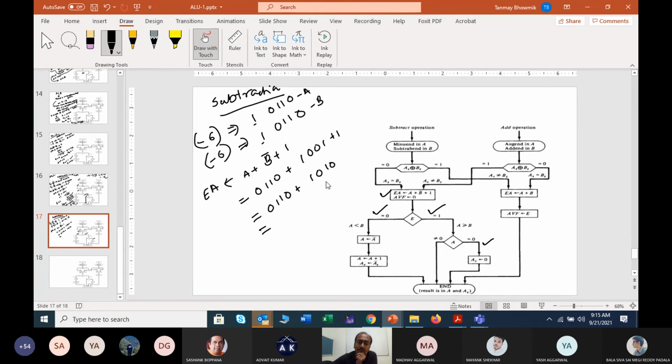So this is basically 10, 8 plus 2 is 10, 10 plus 6 should be 16. 16 means 15 plus 1.